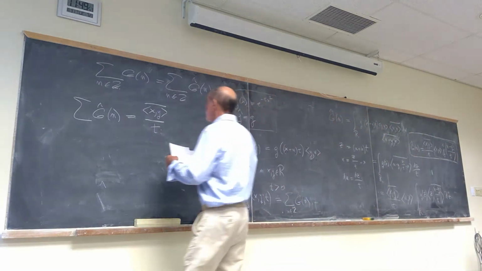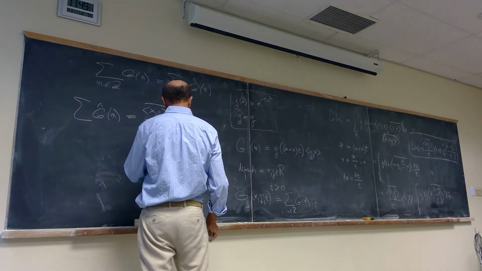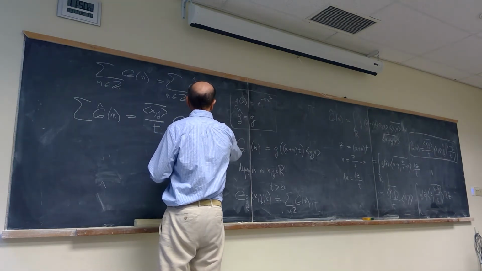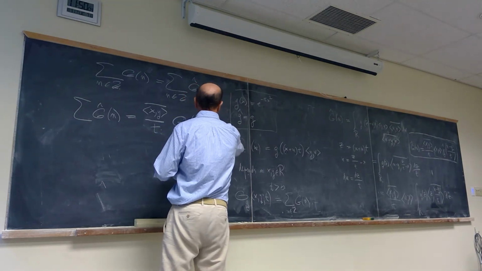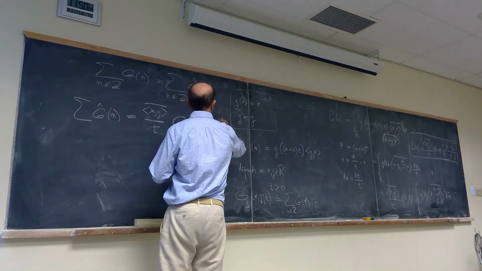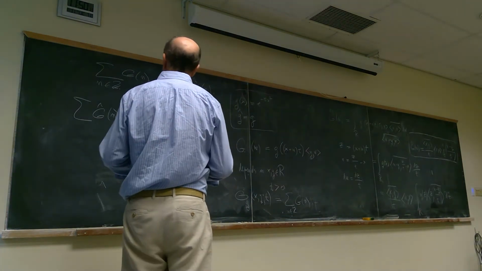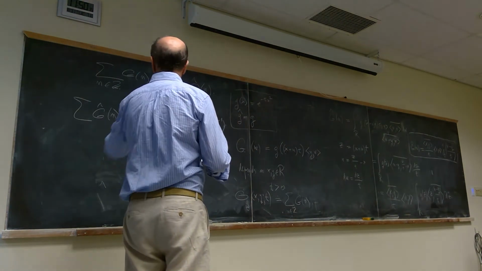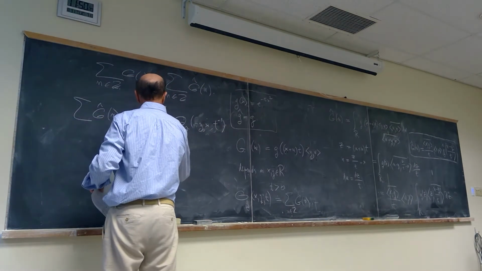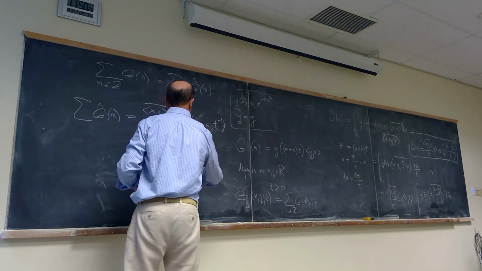So I claim that that's equal to theta of the function g hat, t inverse minus y, minus yx, t inverse, because, and so that's equal to theta of g, x, y, t.